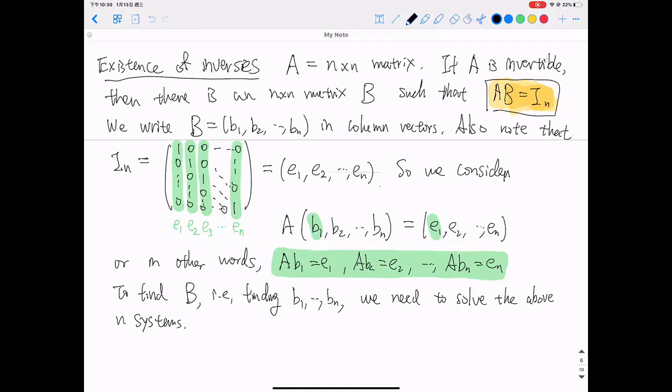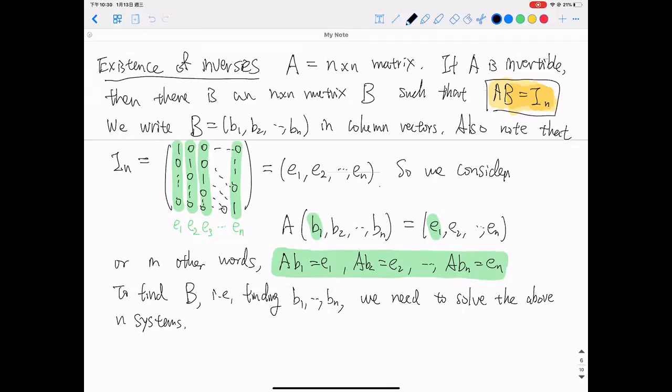Just like we said, the inverse of A, if it exists, is unique. So if we are to find the inverse, we want the unique solution to each system.